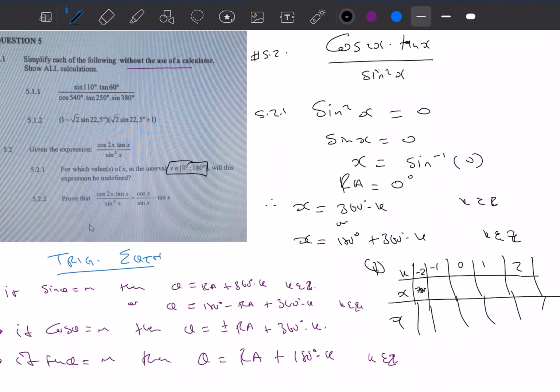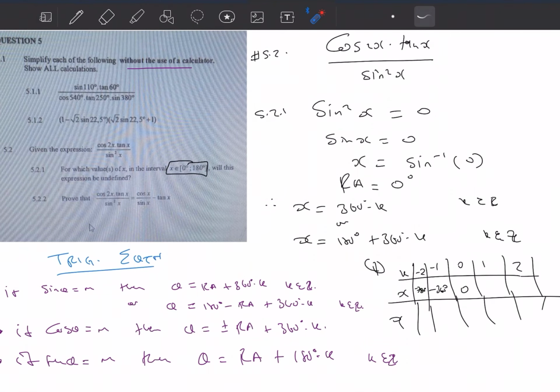Is -720 between 0 and 180? No, so we're not going to take this one. If k is -1, what do you get? -360. Is -360 between 0 and 180? Nope. So we're not going to take this one. Now, when k is 0, what do you get? 0. Is 0 between 0 and 180 degrees? Yes, so we're going to take this one.